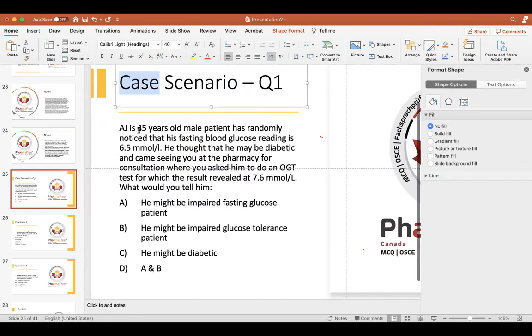AG is a 45-year-old male patient who has randomly noticed that his fasting blood glucose reading is 6.5 millimole per liter.